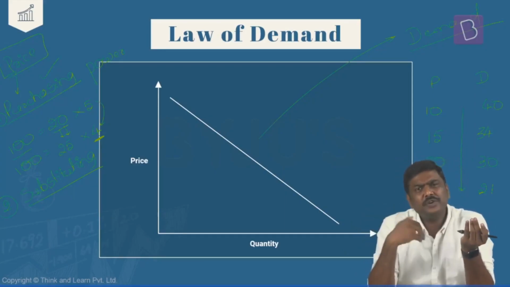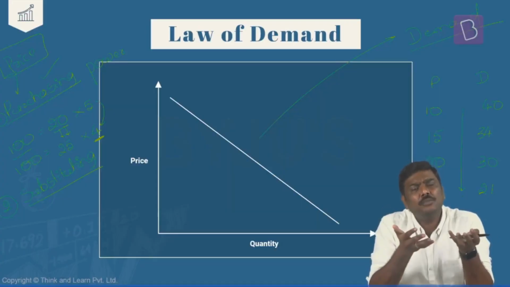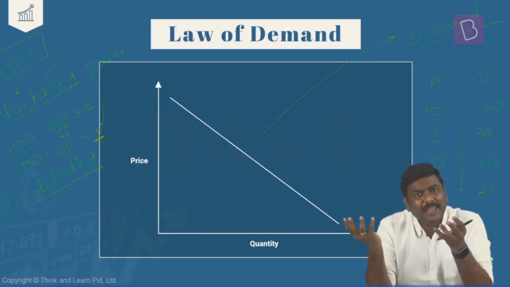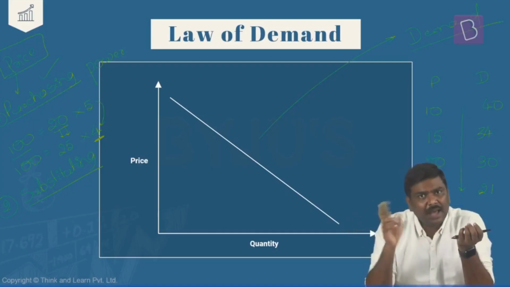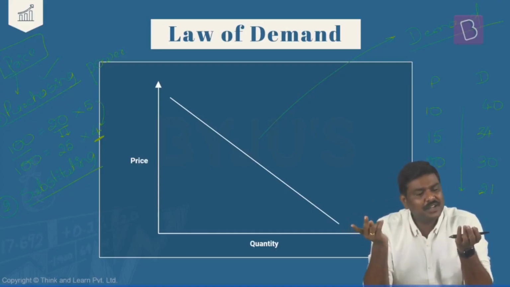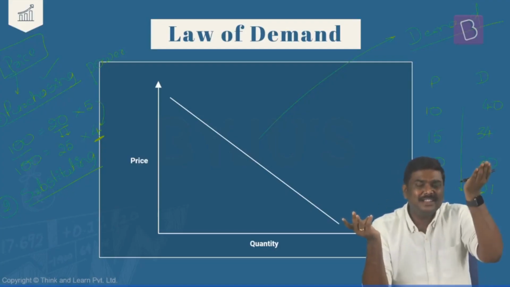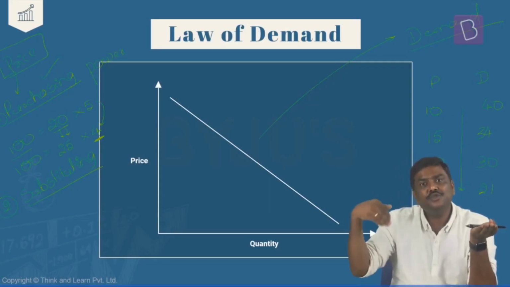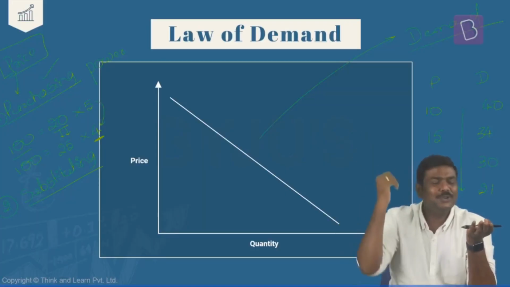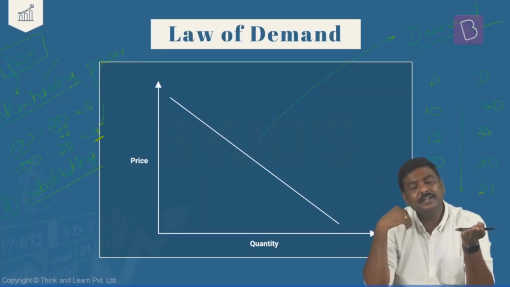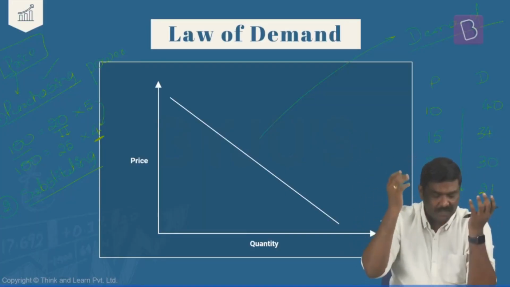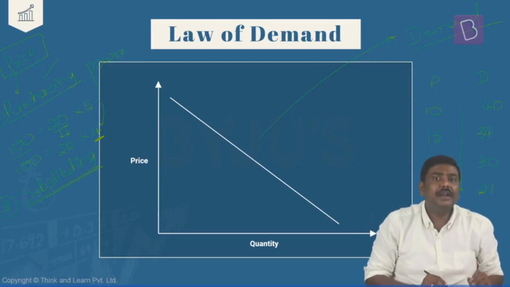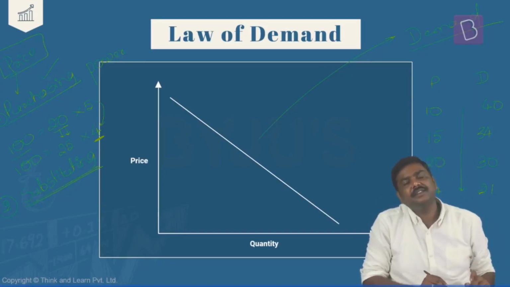Now you'll simply say, why should I purchase product A now? More and more, I will purchase product B, for a simple reason: both of them are giving me the same amount of satisfaction. So if the price of A increases, I will reduce the consumption of A. Rather, I'll start consuming more and more of B. So demand for A will come down, demand for B will increase. That is what will happen when the price of the product changes like this.